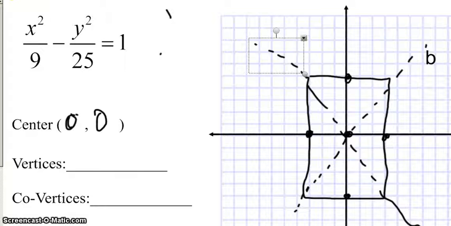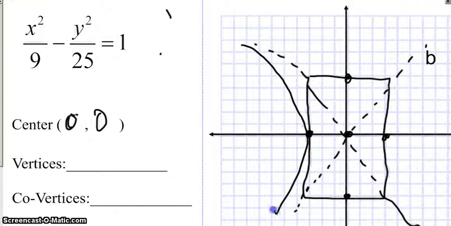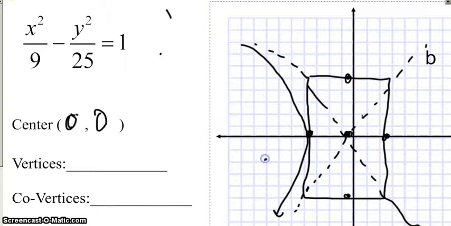And my guidelines are going to be these extensions. So here is how I'm going to graph it, right to this dot and then back. And then here to this dot and just back.